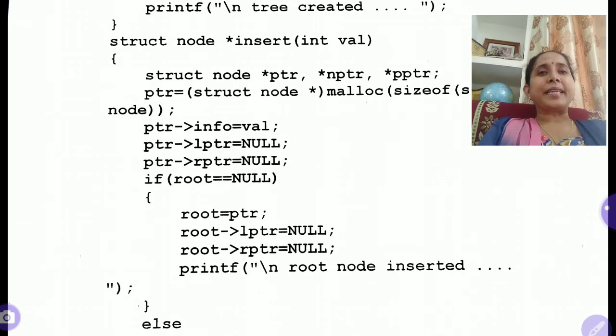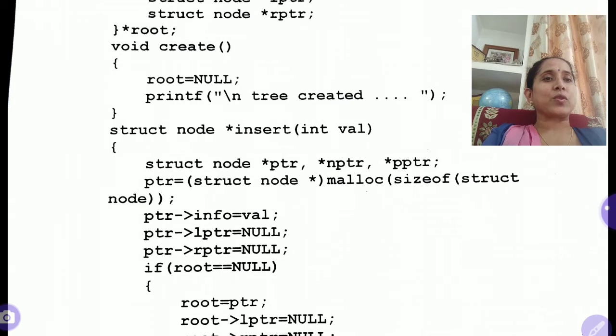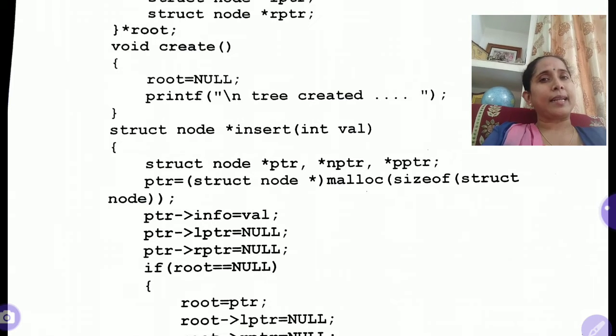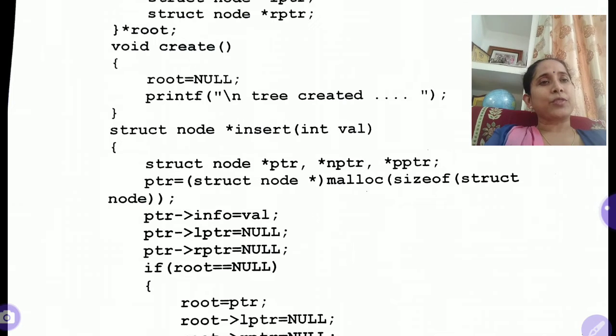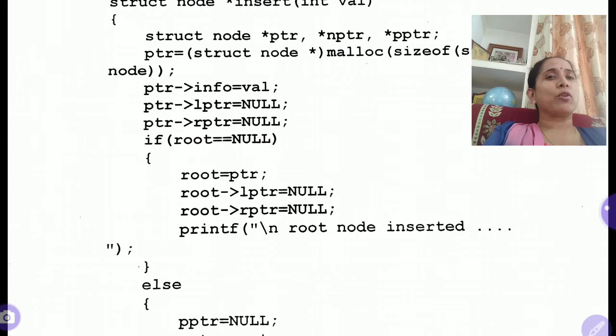We start with ptr equal to struct node. Then we allocate memory with the malloc function. The sizeof operator will tell us how much memory is to be allocated. It is just the same as we have been doing in linked list and stack programs, which we have covered in our regular classrooms. After allocating the memory, we initialize. In the info of ptr the val will be stored, that is the value which is being inserted in a node, and initially lptr and rptr will be null.